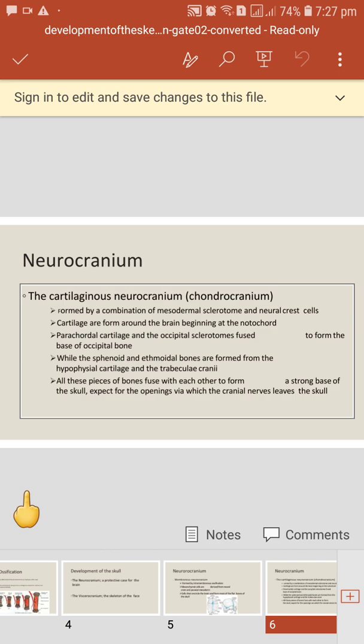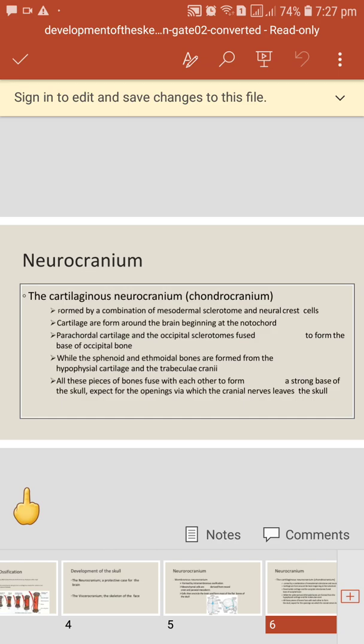Parachordal cartilage and the occipital sclerotomes fuse to form the base of the occipital bone, while the sphenoid and ethmoid bones are formed from the hypophyseal cartilage and the trabeculae cranii. All these pieces of bones fuse with each other to form a strong base of the skull, except for the openings via which the cranial nerves leave the skull.